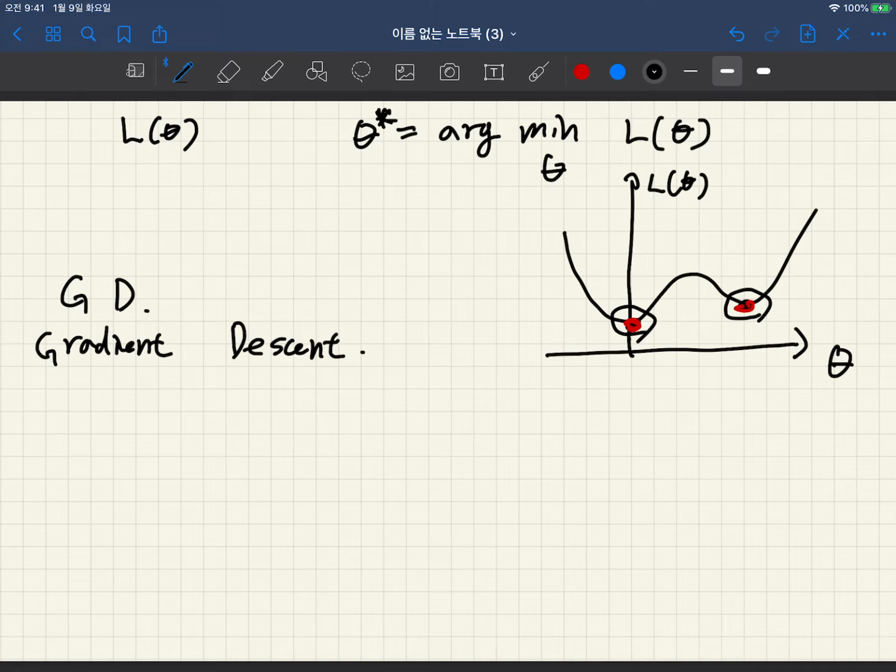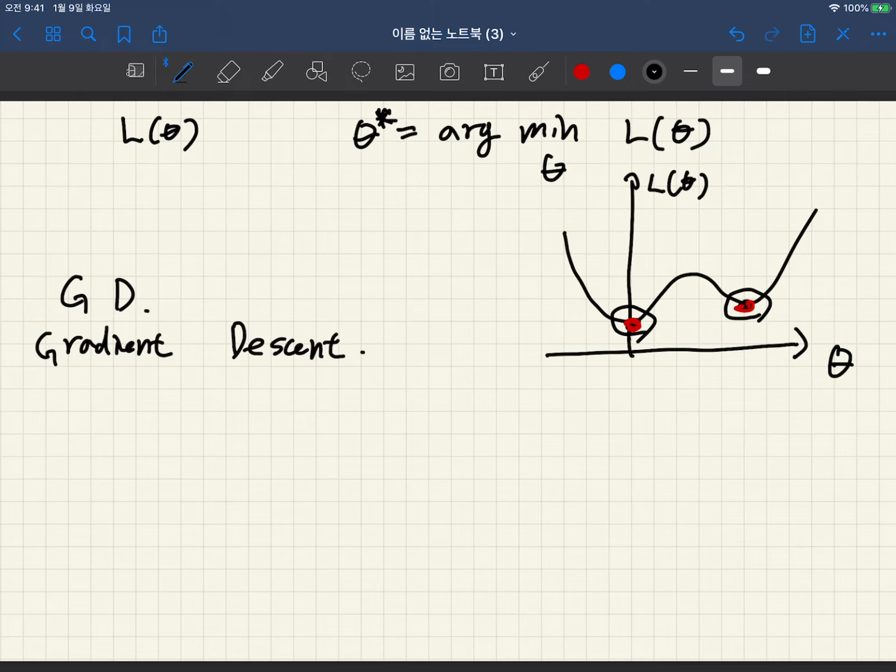The local optima is usually very nice. Although not every local optima is a global optima that really minimizes the loss function, in many cases in machine learning and deep learning, a local optima is enough. We are very happy with local optima.